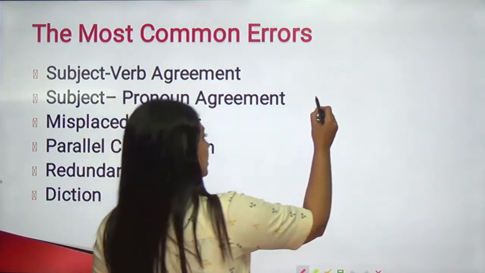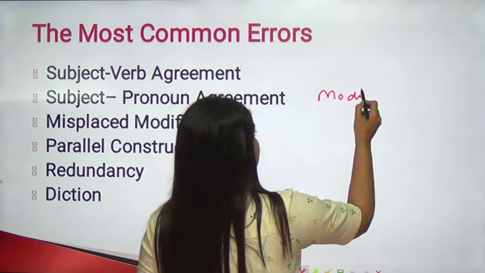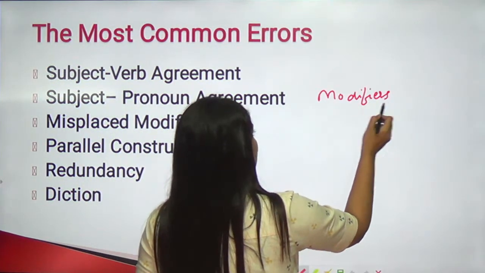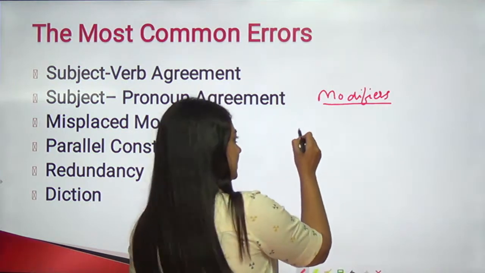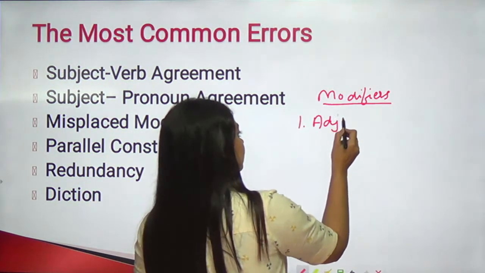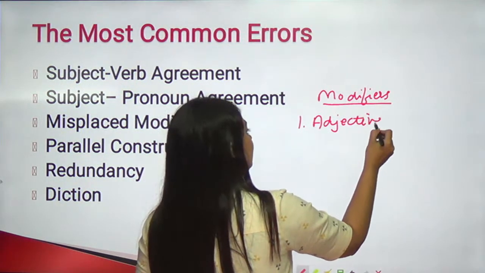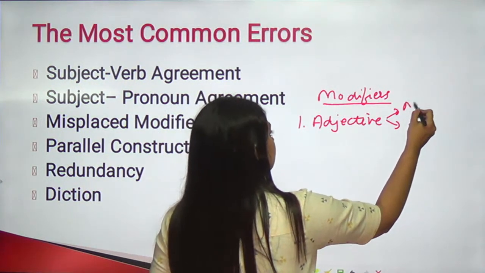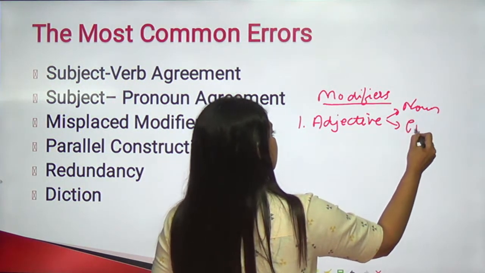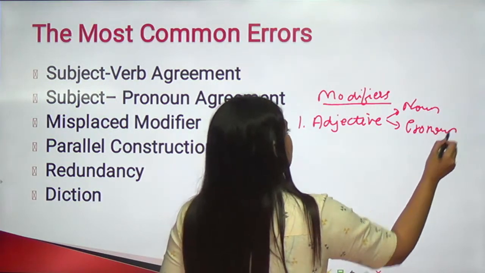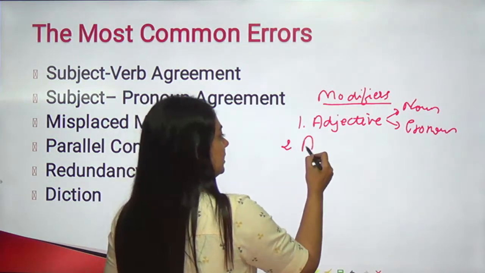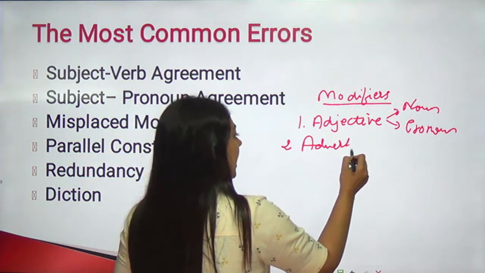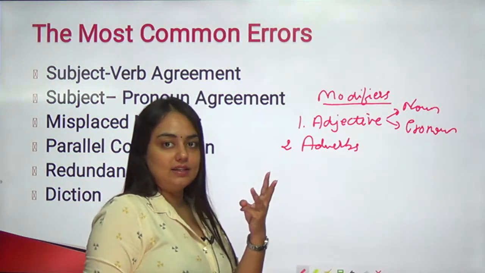So let us see what all modifiers we have got. Modifiers in English sentences. First is the adjective, which modifies a noun or pronoun. The second we've got is the adverb. Adverbs modify 3 things.